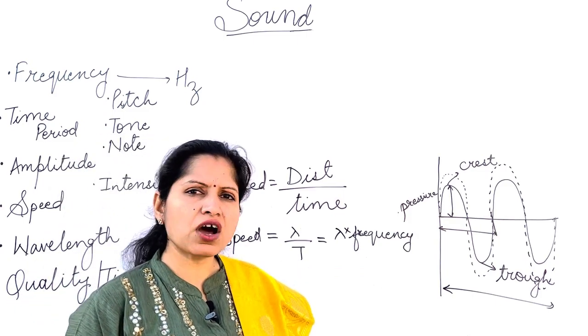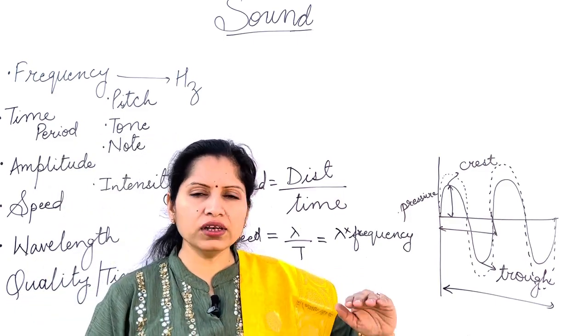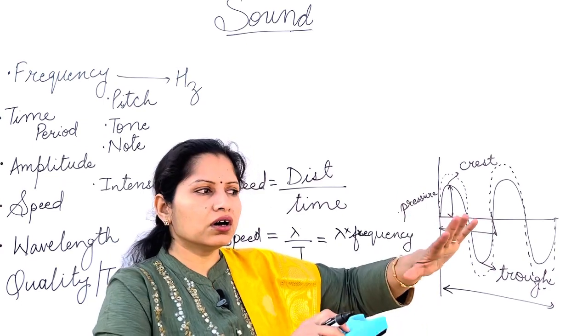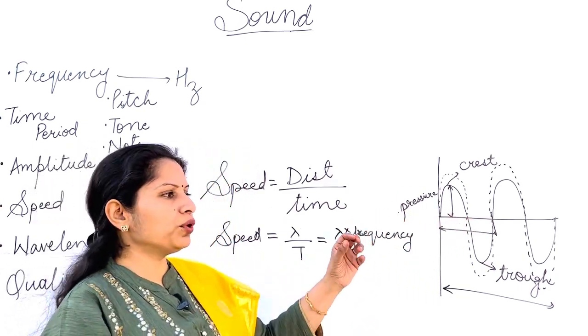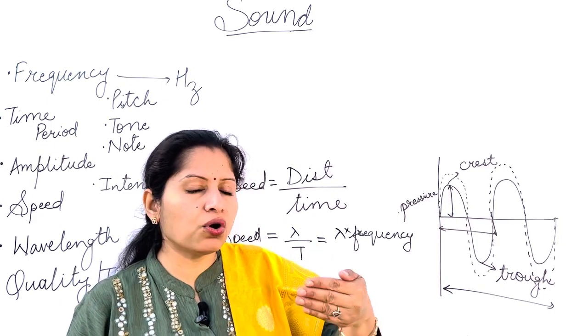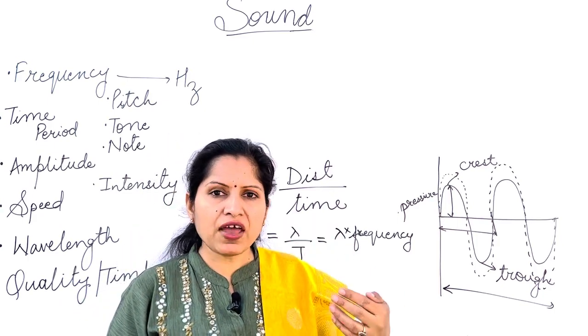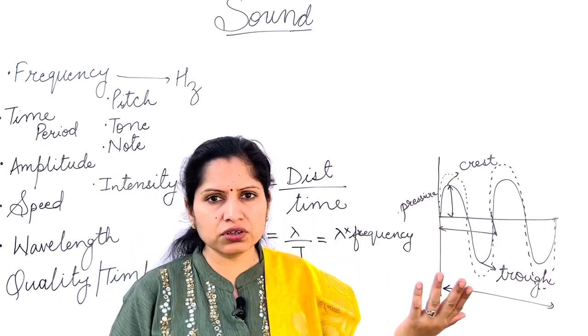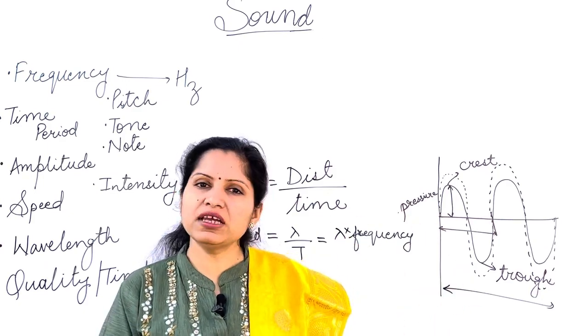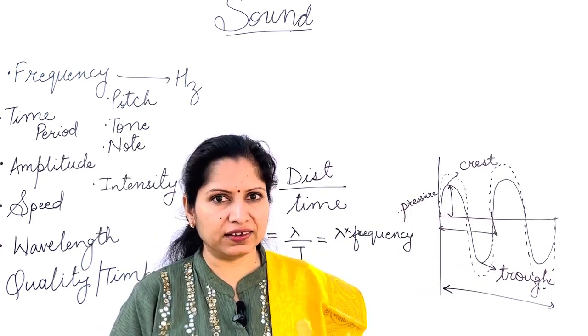Now the speed of the sound wave doesn't at all depend on whether you are speaking loud or slowly. Even if I speak softer or louder, the speed is not going to depend on that.